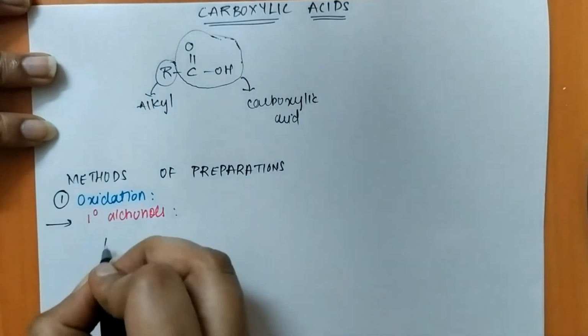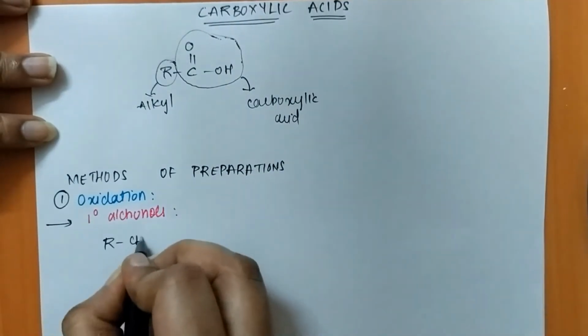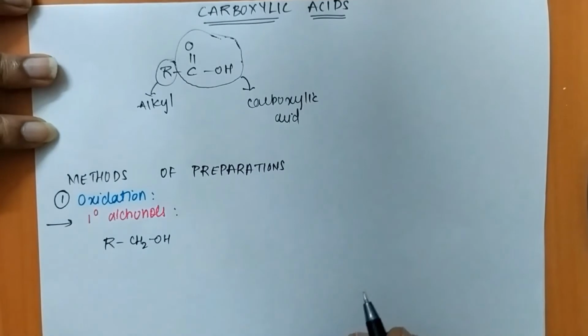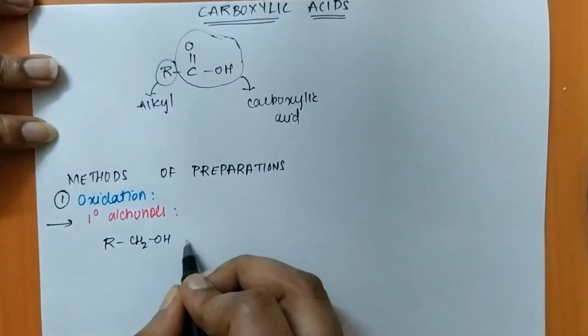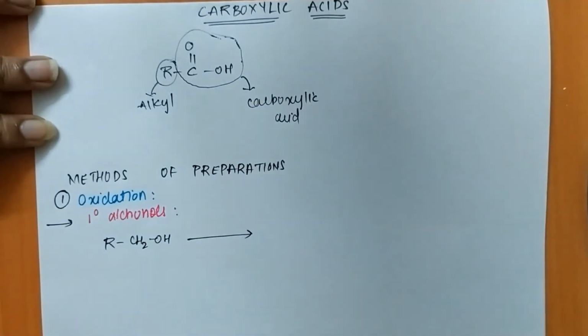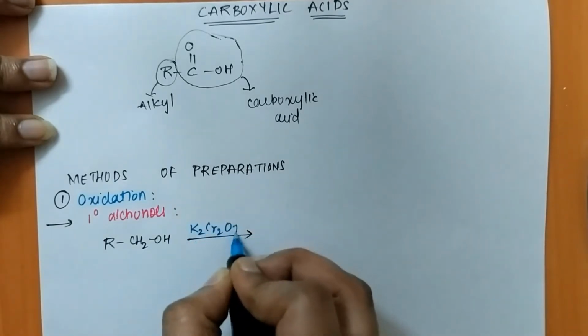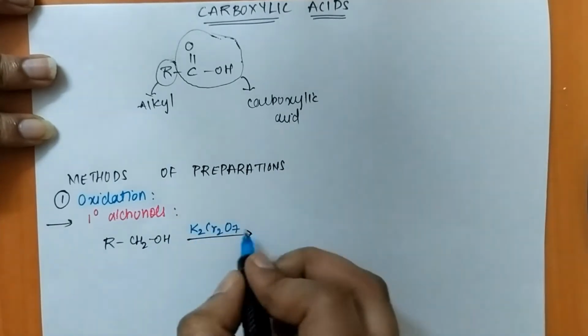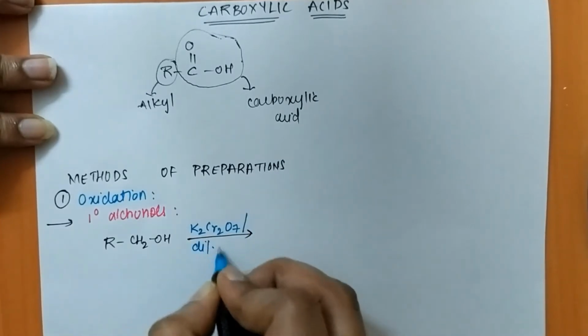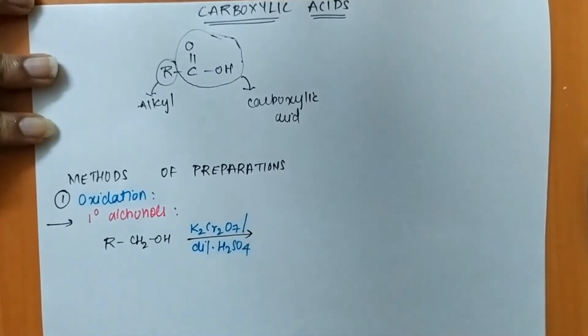Let us consider a primary alcohol, RCH2OH. This compound reacts with K2Cr2O7 in the presence of dilute H2SO4.